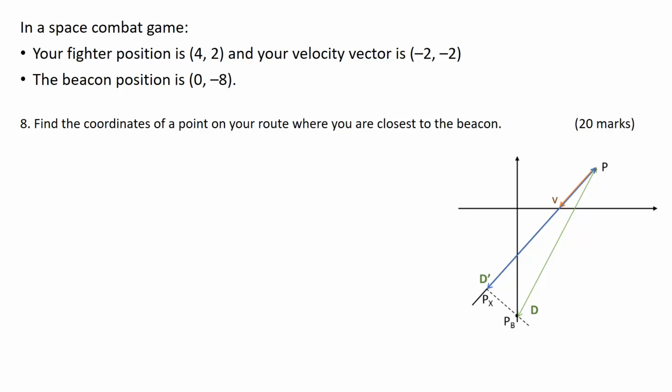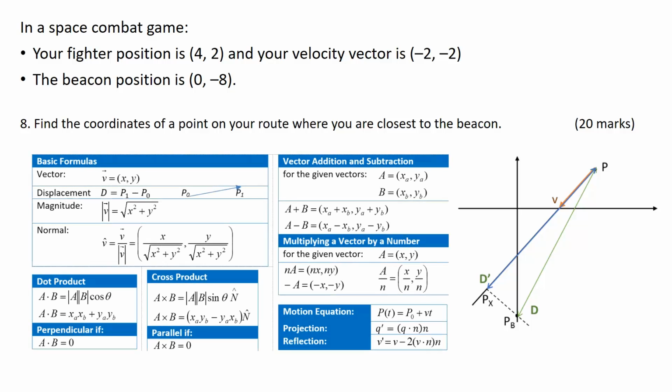This kind of exercise has been discussed at one of the recent lectures, and it was demonstrated that the use of a single formula is required to find the solution, and to be more exact, to find the d prime, the projection vector of the d displacement in the direction of the motion.